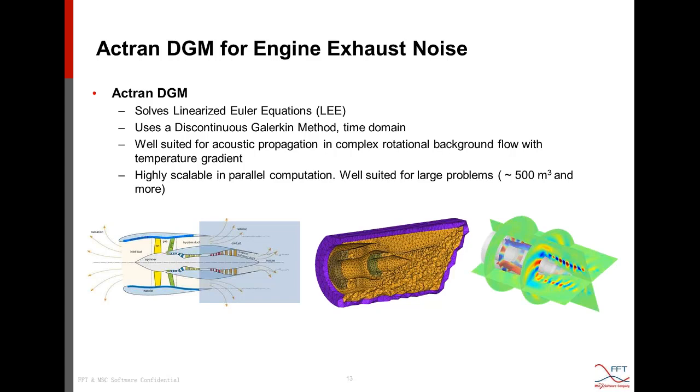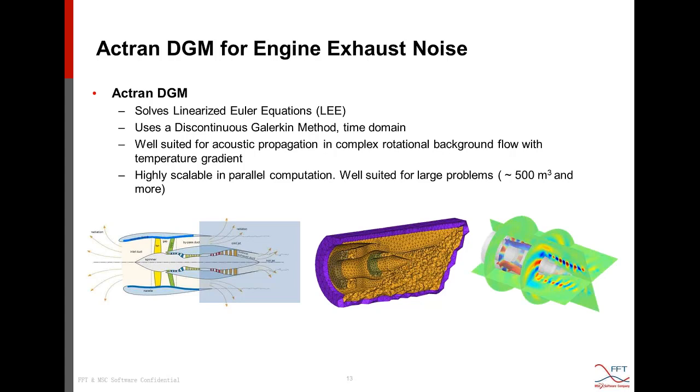The following topic is the engine exhaust noise propagation. For this problem, we will use a different technology, namely Actran DGM. DGM stands for discontinuous Galerkin method. Why do we use DGM for this problem? As I explained, we have a very complex rotational flow here.